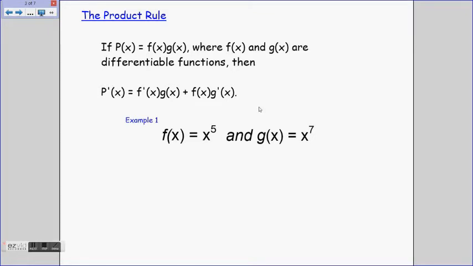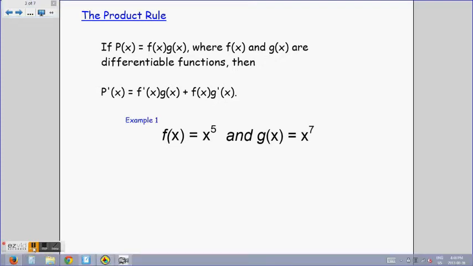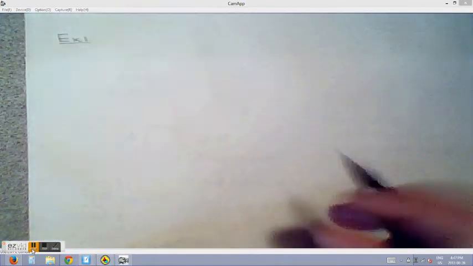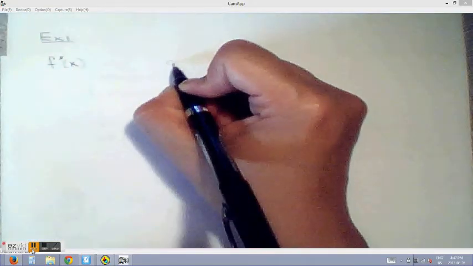Let's take a look at our first example, which we had already looked at and did our investigation on, but let's take a look at it a little bit further and apply our new product rule. So example number 1. At first I'm going to do this the long way, and eventually you'll be able to just do this straight off the bat, but at first I'm going to specify this f at x and of course g at x.